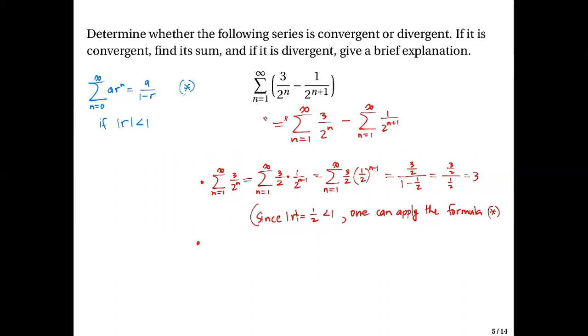For the second one, we have the sum of 1 over 2 to the n plus 1, from 1 up to infinity. We rewrite this as the sum from n equals 1 up to plus infinity of 1/4 times 1/2 raised to power n.